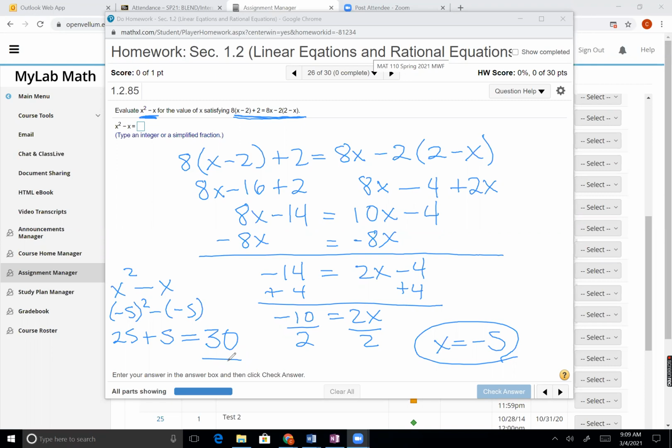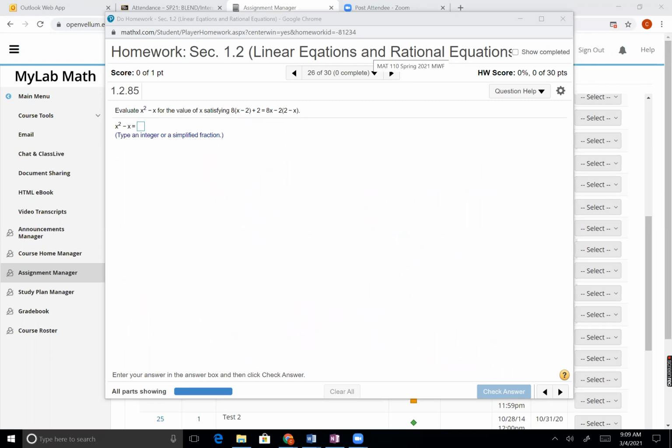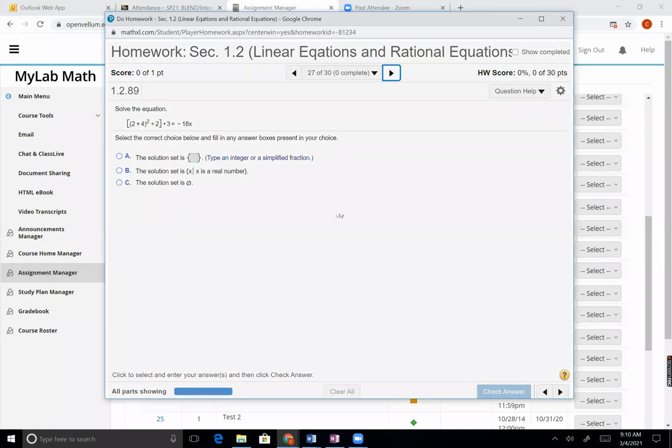Yeah. I'm logging into the homework right now. We had to do 1.1 and 1.2 for homework today, right? I think it was the second one, and it was one of the last questions. It was a word problem, and it had a graph in it.